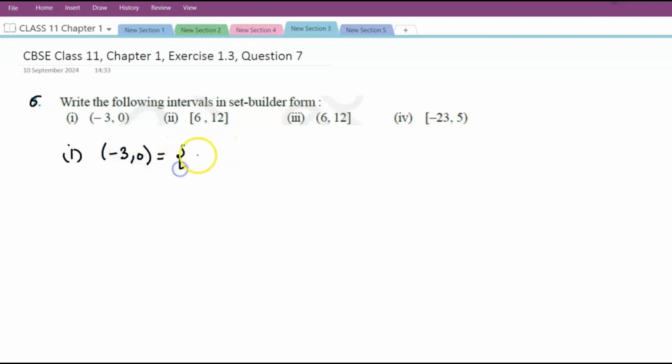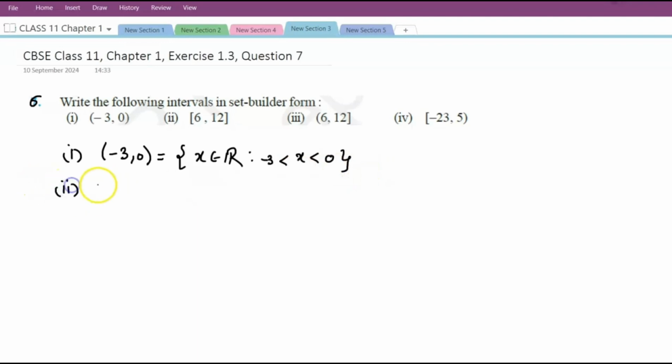How would we write it? x belongs to R, meaning x is a real number such that x lies between -3 and 0. And if we have open sides at both ends, we would not write the less than or equal to sign. We will simply write the less than sign. This is how you write it in set builder form.